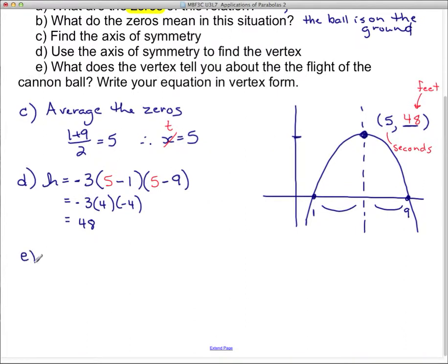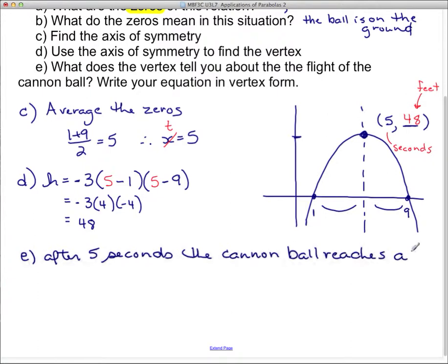Part E tells me the cannonball after 5 seconds, the cannonball reaches a maximum height of 48 feet. And then it says write your equation in vertex form.